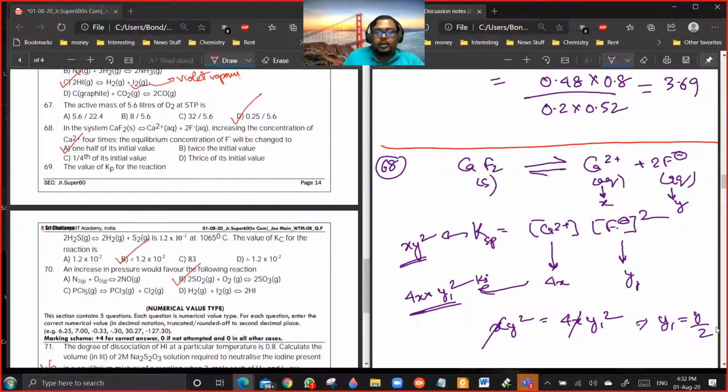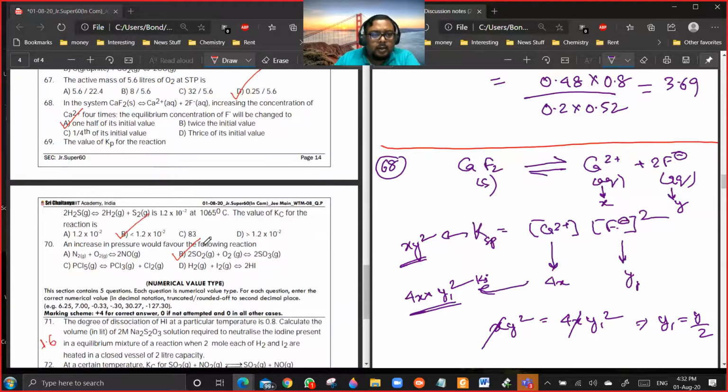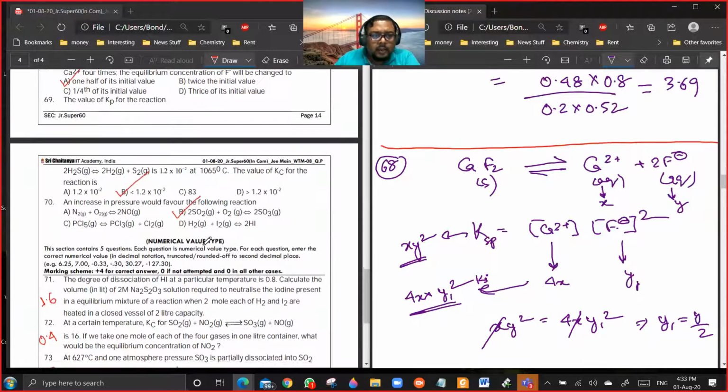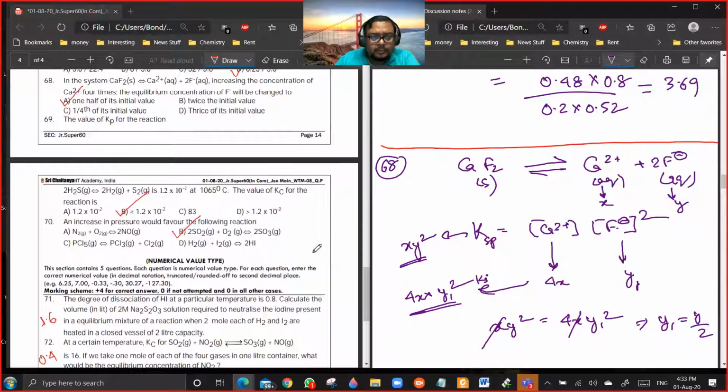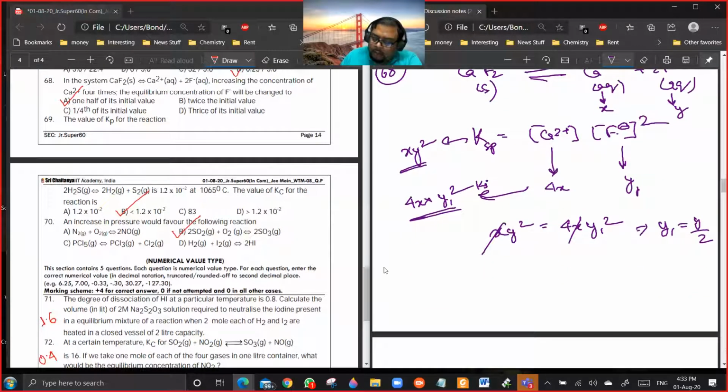So one half of the initial value. Are you getting my point? Yes or no? Okay, so 68 is done. 69 and 70. No doubts? Anyone? Okay, that is good.